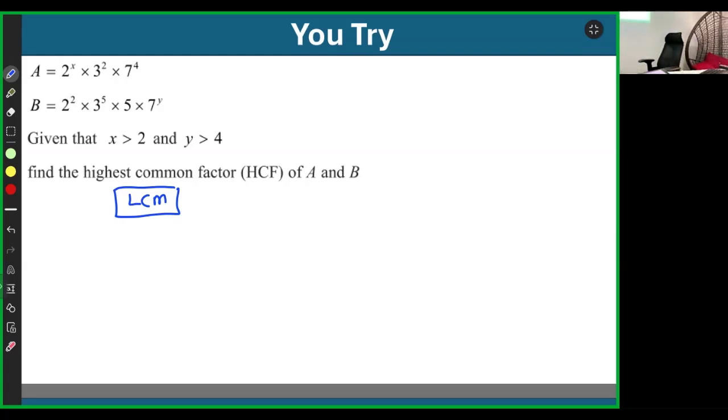Very good, very good. एक मिनट। जी बिल्कुल. So for the LCM, they said that the question is absolutely wrong.